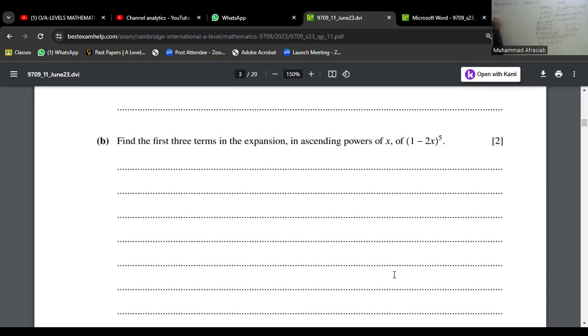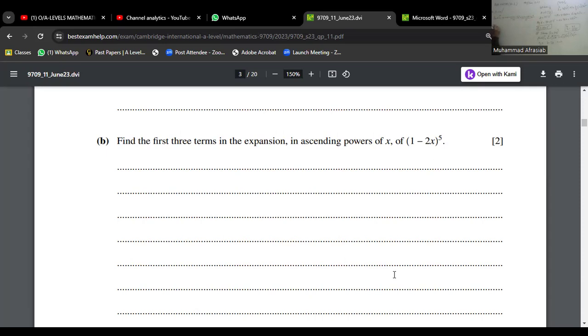We know from this formula that 1 plus x to the power n is equal to 1 plus nx plus n into n minus 1 over 2 factorial into x squared plus n into n minus 1 into n minus 2 divided by 3 factorial into x cubed and so on.